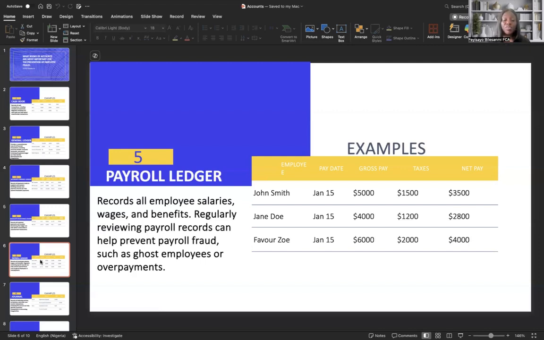But if this is being reviewed from time to time and requests that have been made as well are being recorded in the payroll as at when due, right? It will be easy to know, oh, this has happened and that has happened, and you will know how to forestall fraud from happening in that area.